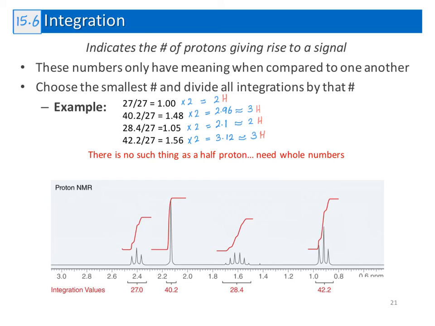So this signal has 2 hydrogens. This one is 3 hydrogens. This is 2 hydrogens, and this one is 3 hydrogens.